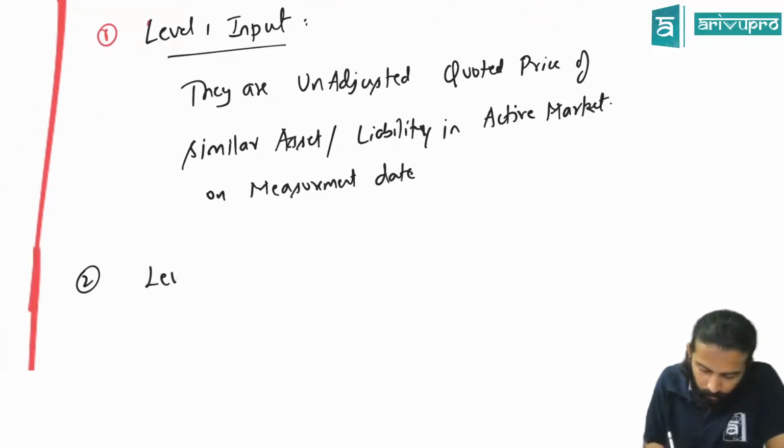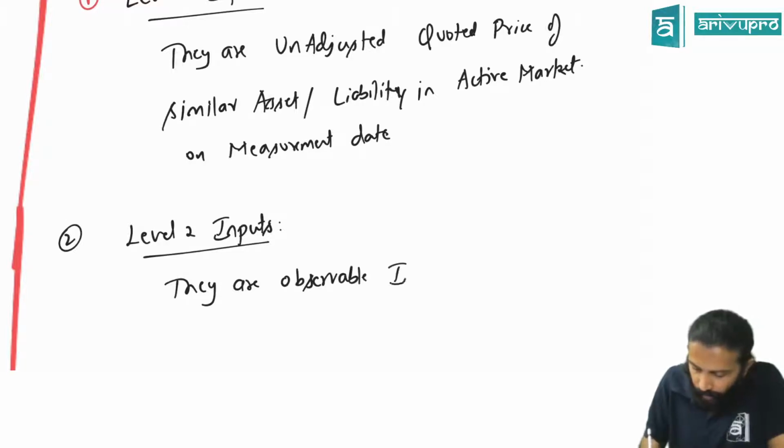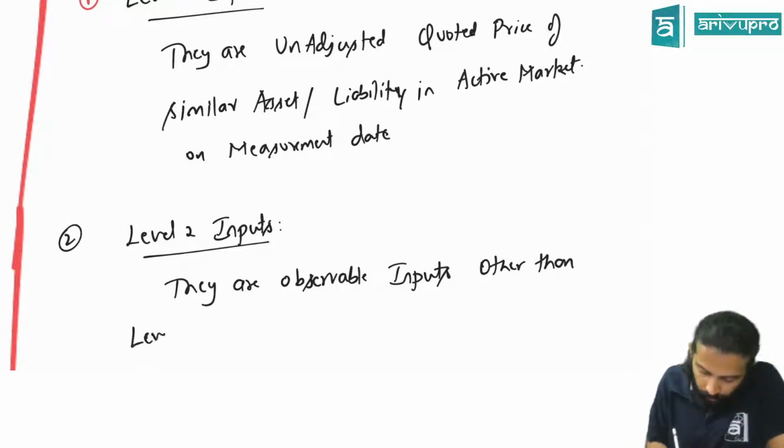Second one, Level 2 inputs. They are observable inputs only, but other than Level 1 inputs.